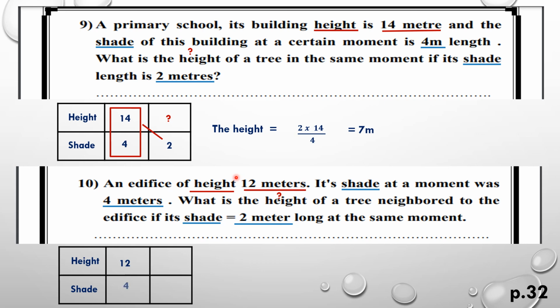Height 12, shade 4. What's the height? So my question mark will be beside the height. If it's shade, so beside shade I'm going to write 2. Here is our completed column and this is the completed cross. The height equal 2 times 12 over 4, which is equal 6 meters.